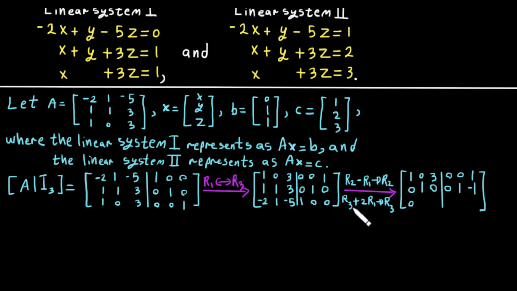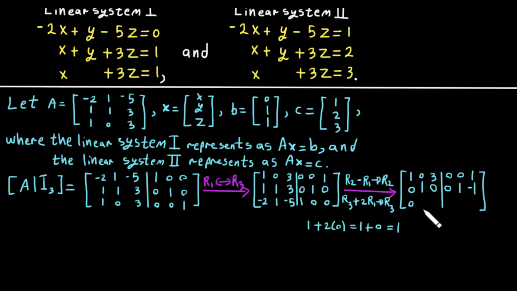1 plus 2 multiplied by row 1, which is here 0. So 1 plus 2 multiplied by 0, which is 0. So 1 plus 0, which is 1.